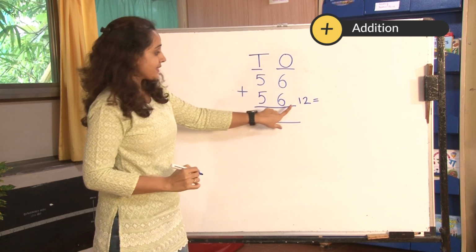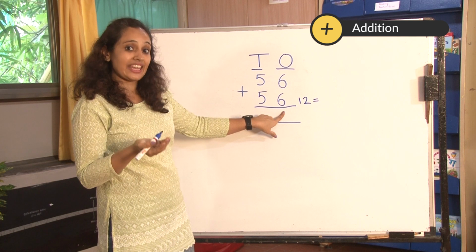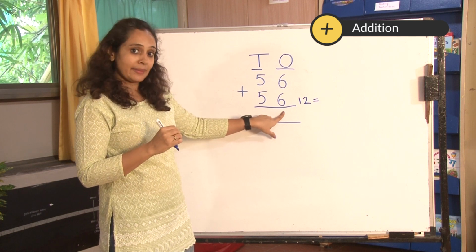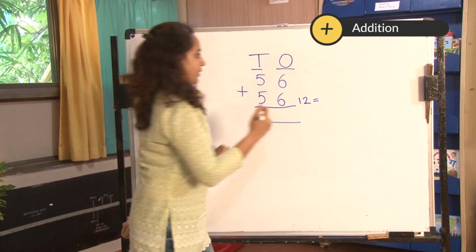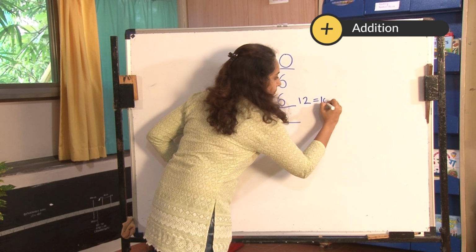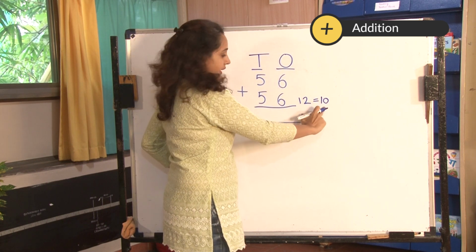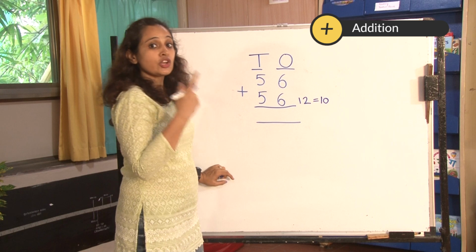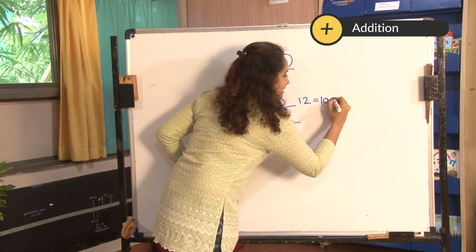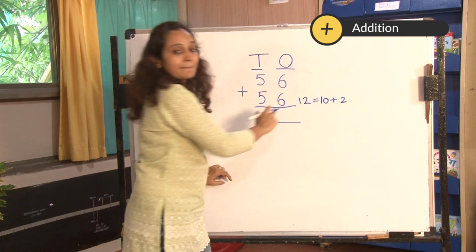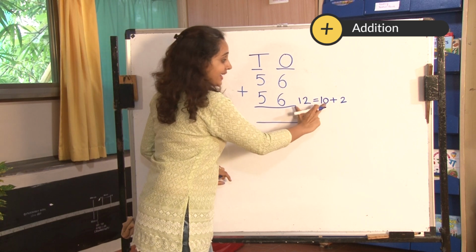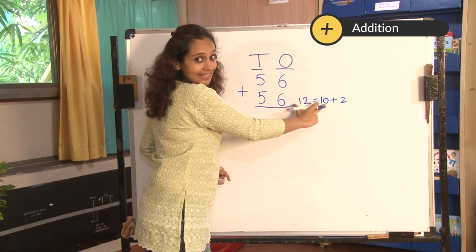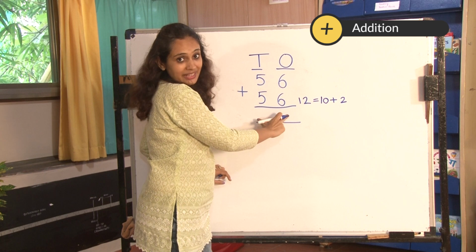And can I write this 12 here in the ones place? I cannot. So what do I do? I make a group of 10. So I'll have 10, right? And how much am I left with? 2 ones. So 10 plus 2 makes 12. Can I have this bundle of 10 in the ones place?